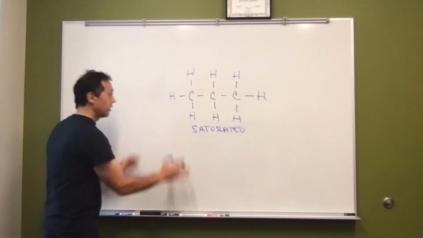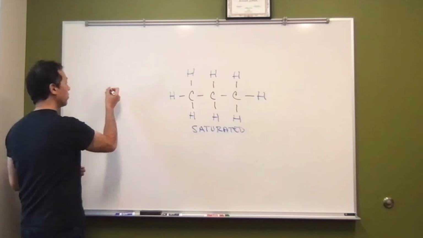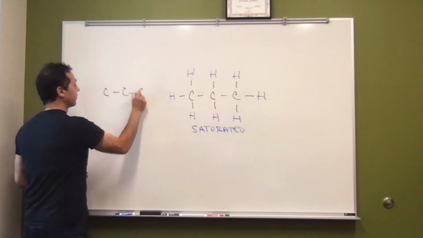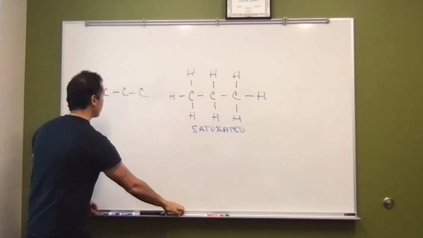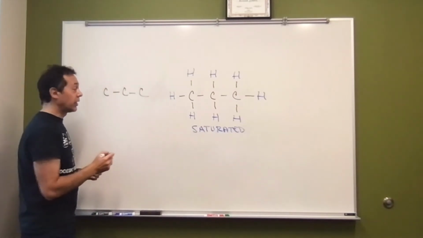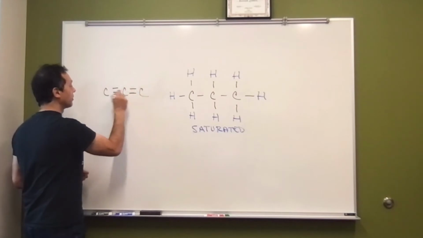If we were to take this same molecule and just draw it a little bit differently. I'm going to start out with my 3 carbon atoms, and instead of having all of those hydrogens going around it, I'm going to put in a couple of double bonds like this.